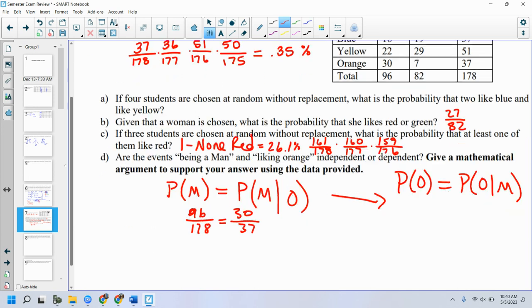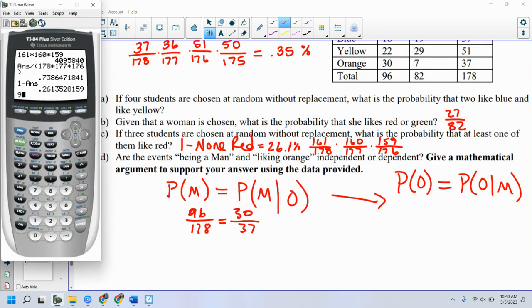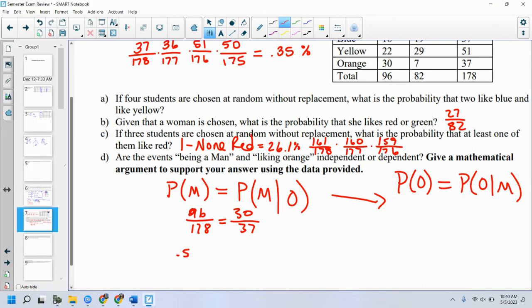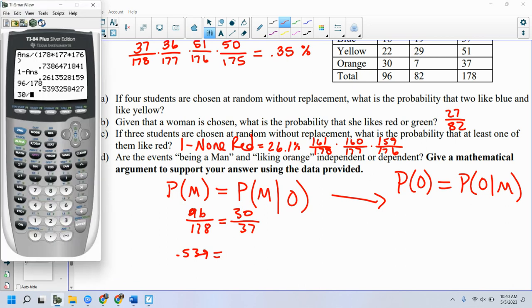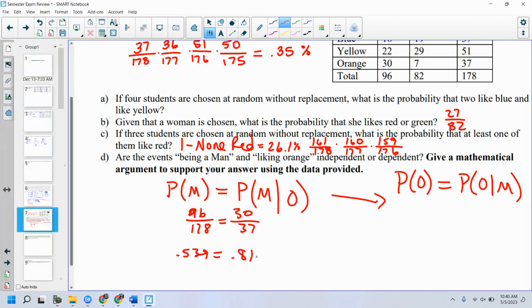Let's see what those decimals come out to be. 96 over 178 is 0.539. 30 out of 37 is definitely not 0.539. It's 0.81. So this is not true. Therefore, what do I say about these events? They're dependent.